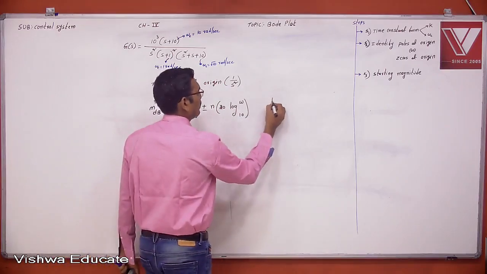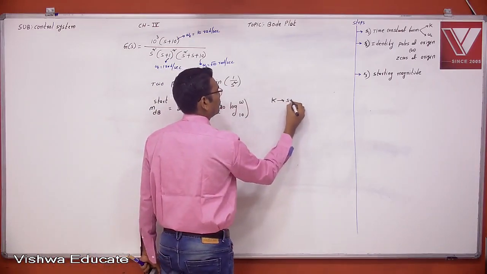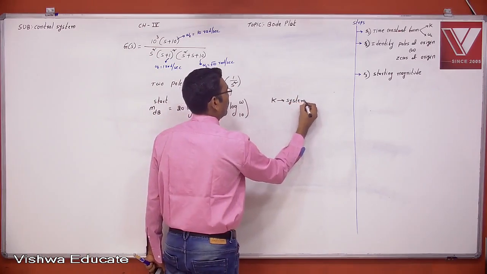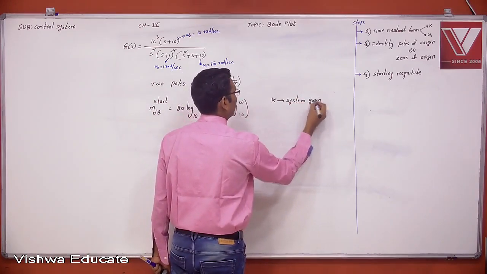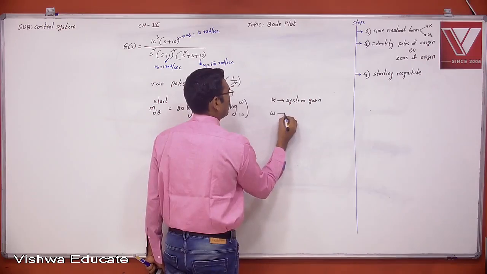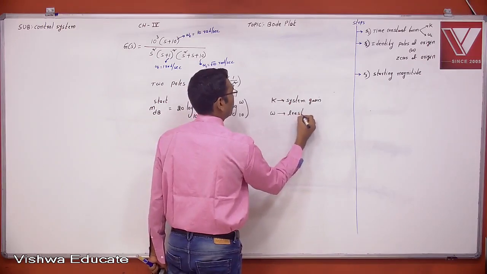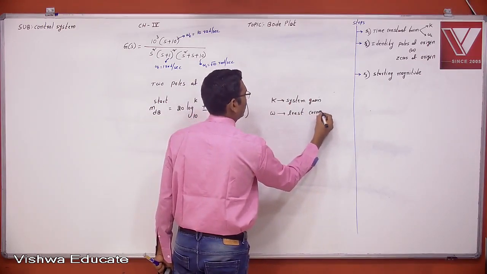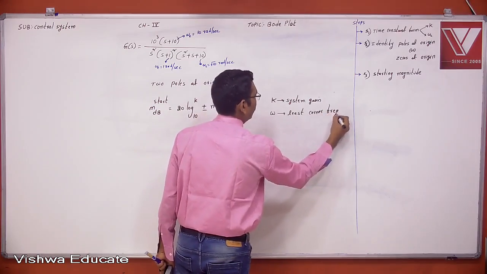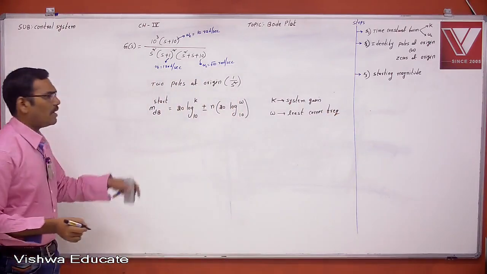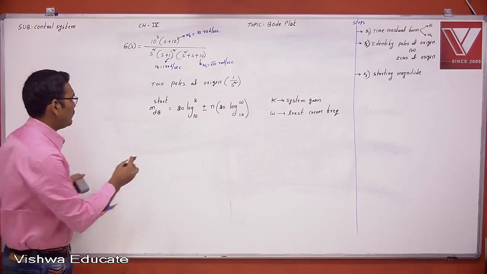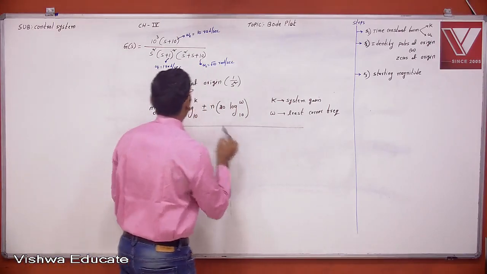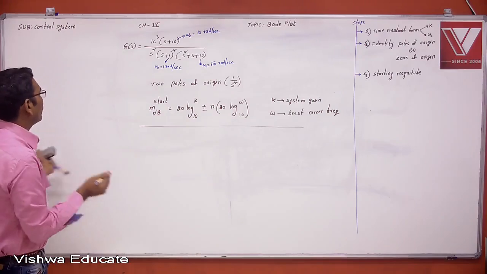Here k is system gain, where omega is least corner frequency. Now this is the formula, and now we apply the formula for our problem.